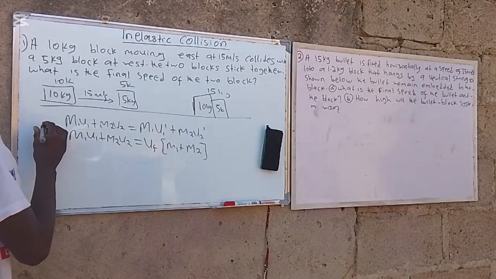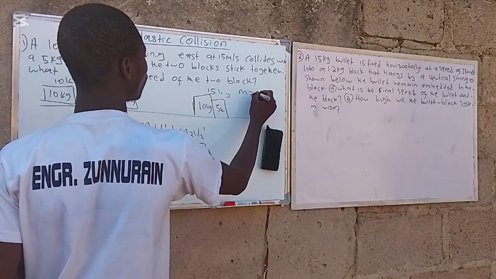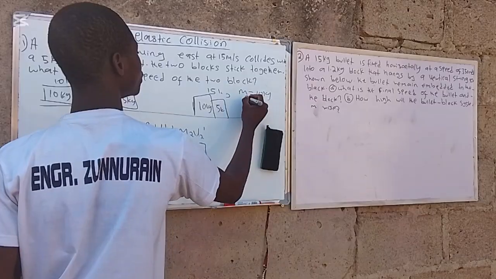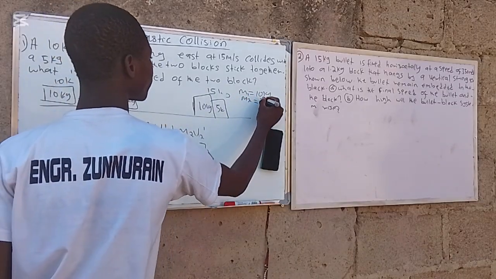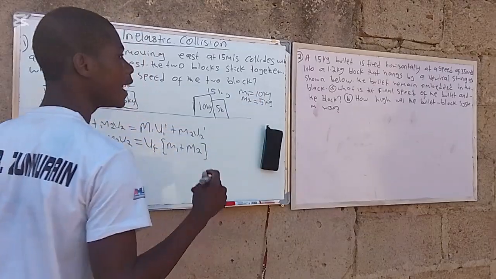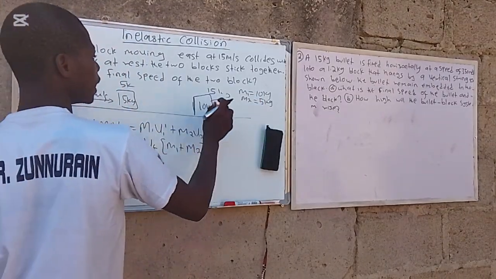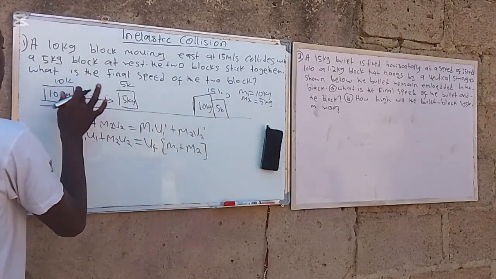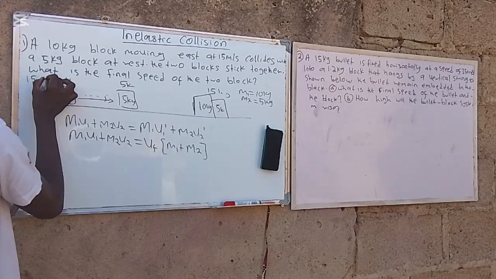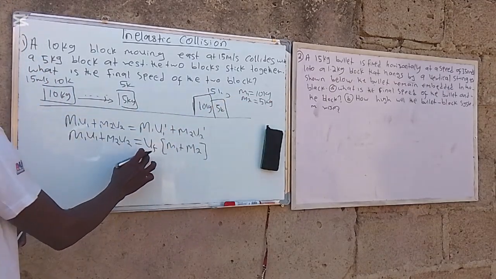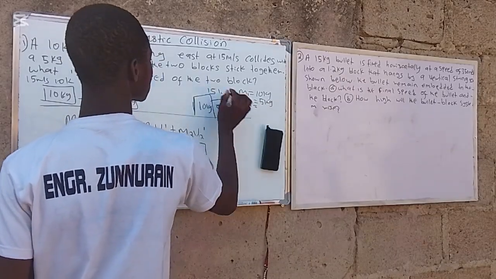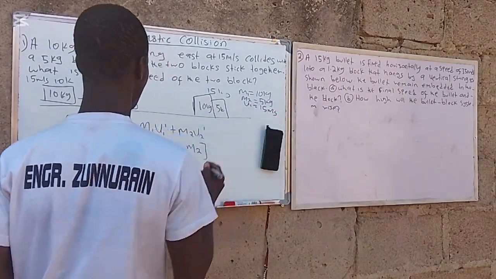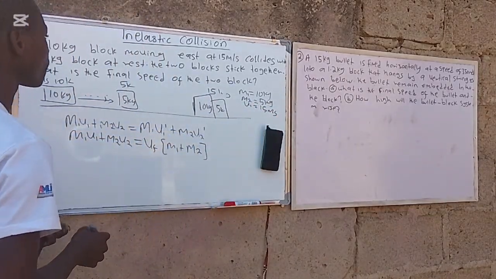Let's figure out the data. We know that m1 is 10 kg and m2 is 5 kg. We have v1 as 15 meters per second, and v2 is 0, because the block is at rest.